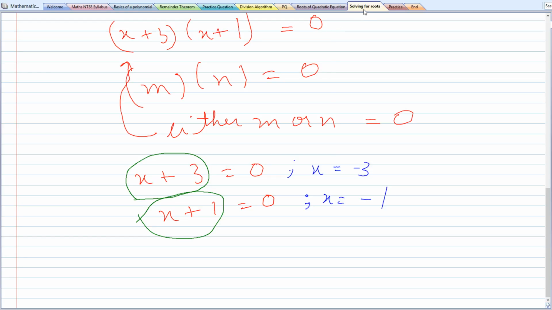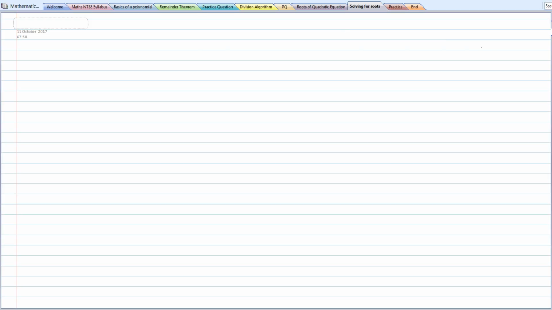Okay, so let's try a sample question first, then we'll move forward. Quickly find out the roots of this equation.